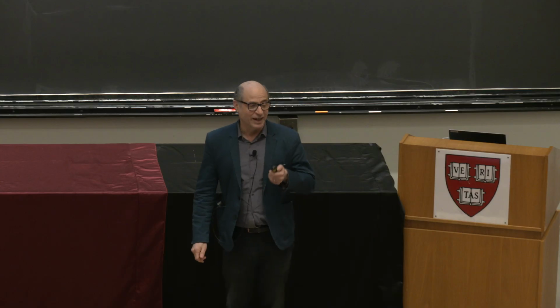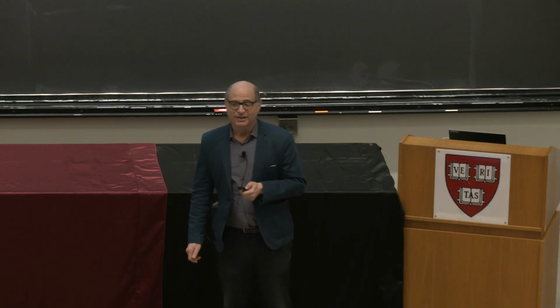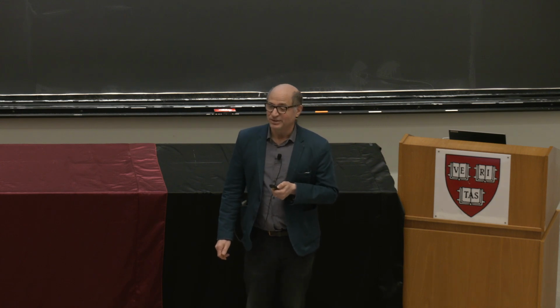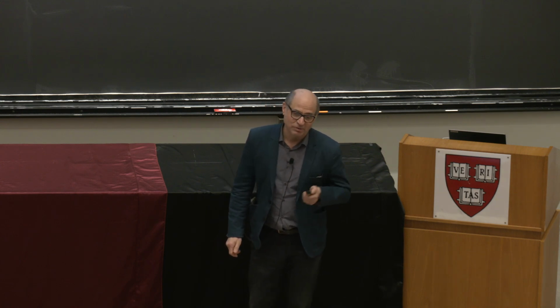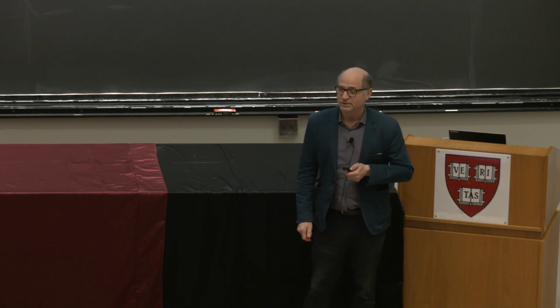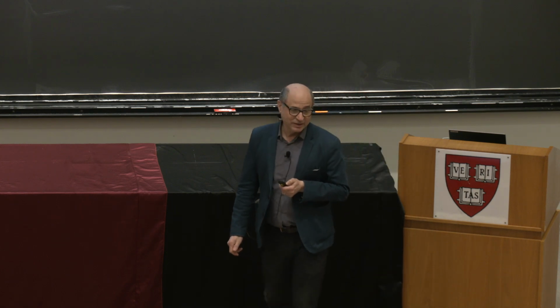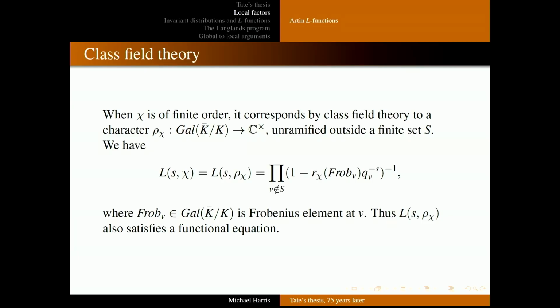Because it is equal to the L function whose functional equation we've already proved. So now we have something, again, that was already known, that the L functions of one-dimensional representations of the Galois group have meromorphic continuation and functional equations.